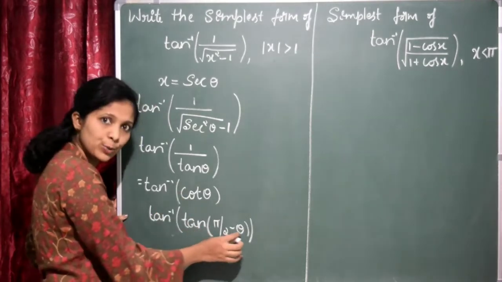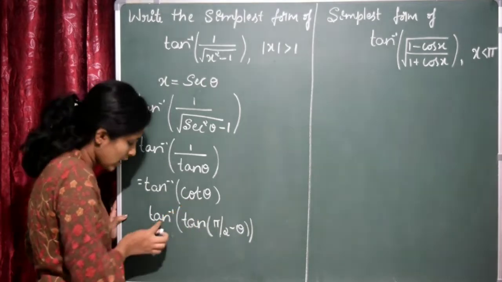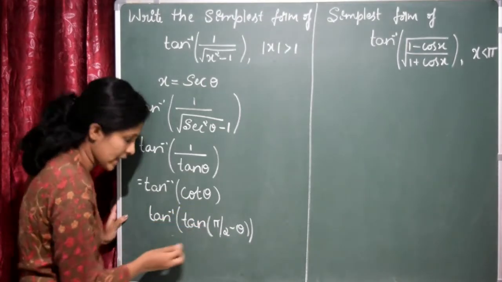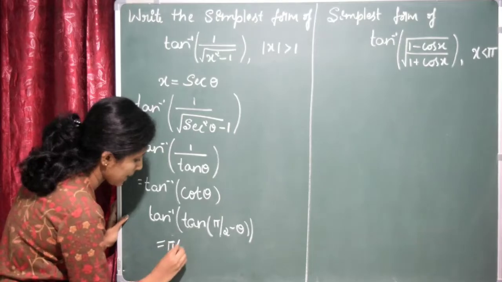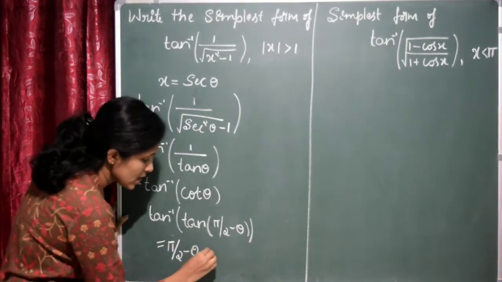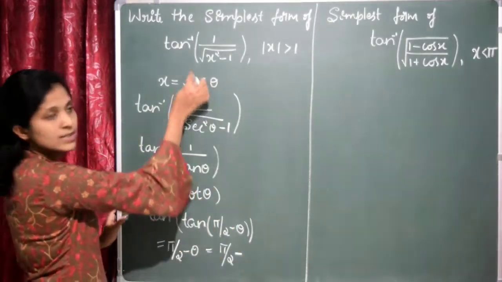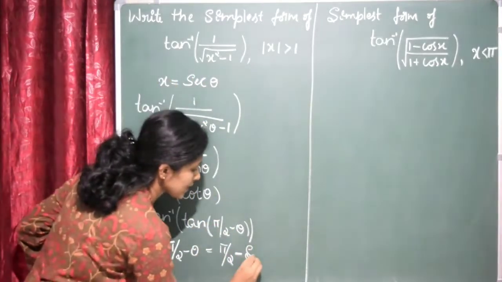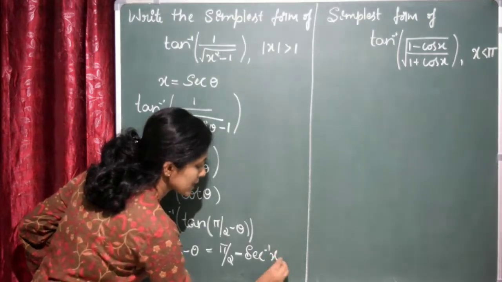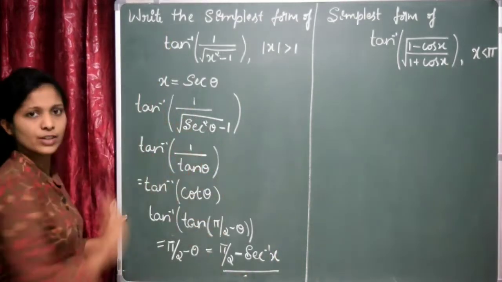So tan of pi by 2 minus theta will be equal to cot theta. Now tan inverse and tan will get cancelled. So this is equal to pi by 2 minus theta. Now substitute the value of theta: pi by 2 minus secant inverse of x. This is the simplest form of the given question.